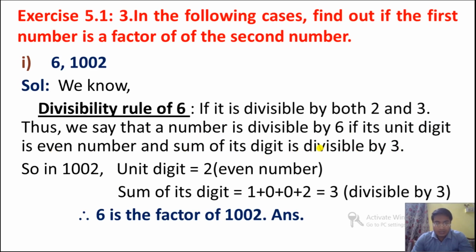So in 1002, you can see we have the unit digit 2, which is an even number, so the first condition is satisfied. Now the sum of its digits is 1 plus 0 plus 0 plus 2, which is equal to 3, and this is divisible by 3. So both the conditions are satisfied. That means 6 is a factor of 1002.